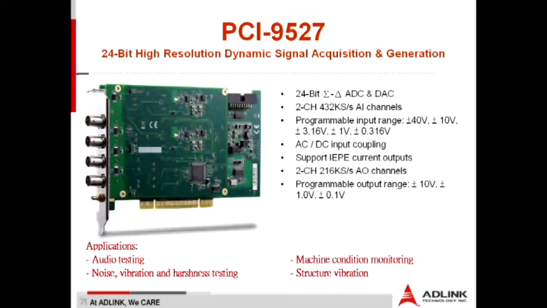With such a high sampling rate, it not only covers the range needed for ordinary audio signal and noise testing, it also allows 9527 to be applied in other fields. In the past, the dynamic signal acquisition board choices available on the market were few, but with the release of PCI 9527, the customers have more choices and they can purchase the same functions for a cheaper price. For our customers, this is a boon.